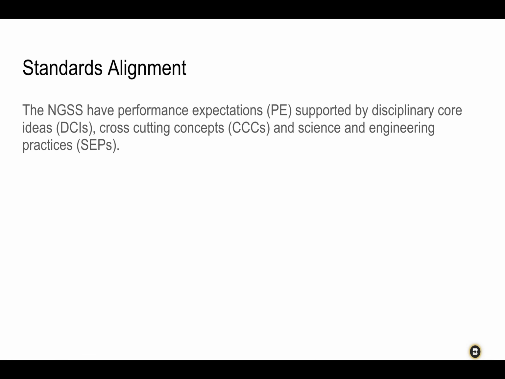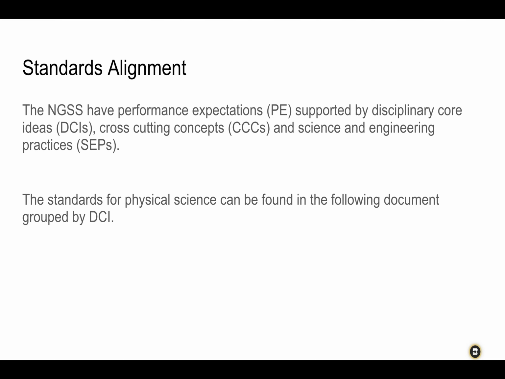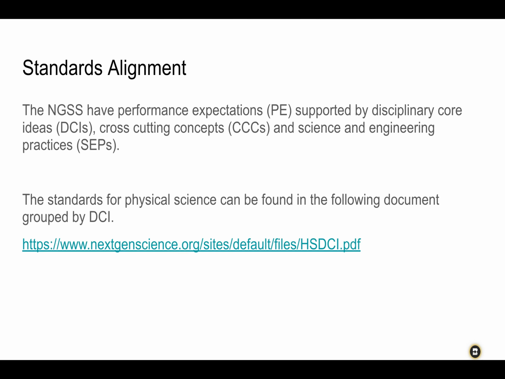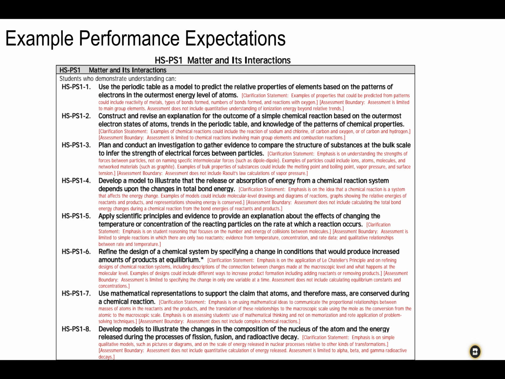We'll start with the Next Generation Science Standards. They have performance expectations, which are supported by three things: disciplinary core ideas, cross-cutting concepts, and science and engineering practices. The standards for physical science can be found in the following document, and they are grouped by disciplinary core idea. And I'm going to show you kind of what that looks like. So you have your performance expectations, your standards up above, telling you what you are expecting students to be able to do. What are they going to perform to show you?